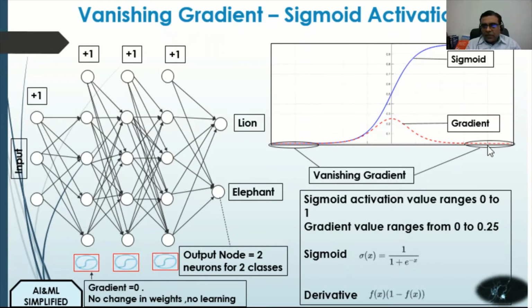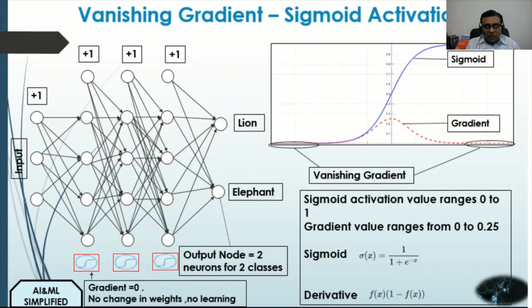And specifically for very high values of x and very low values, the value of this gradient is very, very close to 0. Since this value of the gradient is very close to 0, it prevents the network from learning and updating the weights to optimize the loss of the error. As the neural network uses the gradient in backpropagation to update the weights, they are not updated. We'll cover the details of backpropagation in another video.